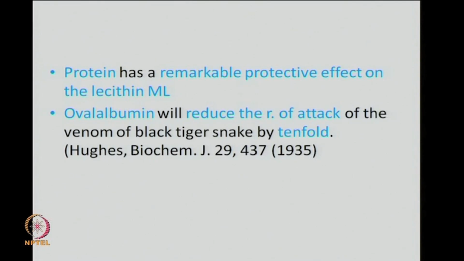Protein has a remarkable protective effect on the monolayer of lecithin. An example is ovalbumin, which, when used, could reduce the rate of attack of the venom of the black tiger snake by a factor of 10.